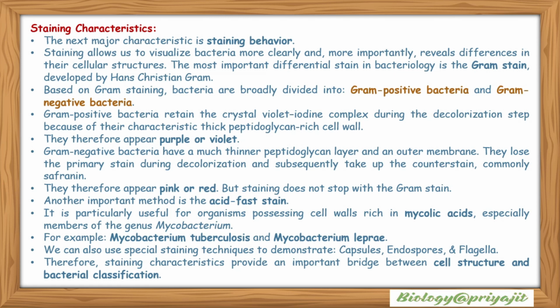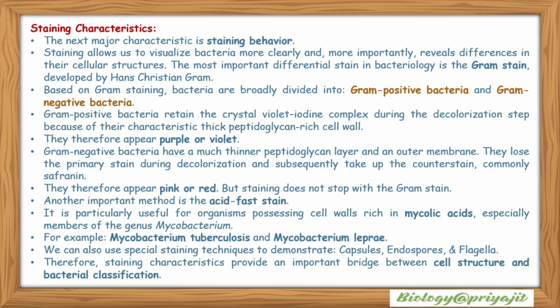Gram-positive bacteria retain the crystal violet iodine complex stain during the decolorization step because of their characteristically thick peptidoglycan-rich cell wall. They therefore appear purple or violet. Gram-negative bacteria have a much thinner peptidoglycan layer and an outer membrane. They lose the primary stain during decolorization and subsequently take up the counterstain, commonly safranin.